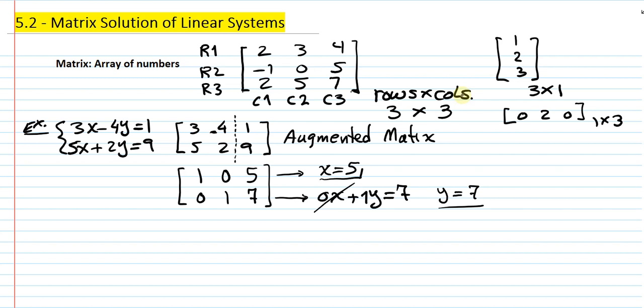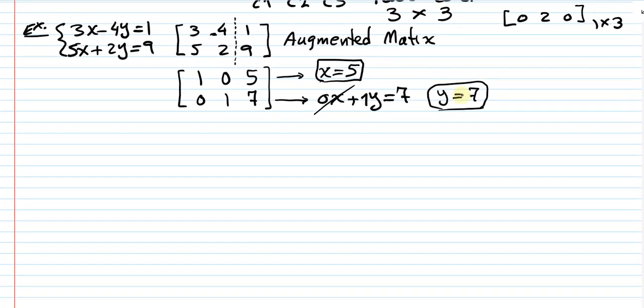Therefore, you can see the appeal of the matrix. If we can get the matrix in a specific form using these 1s and zeros, then we may be able to actually write the solution to the system. All right.